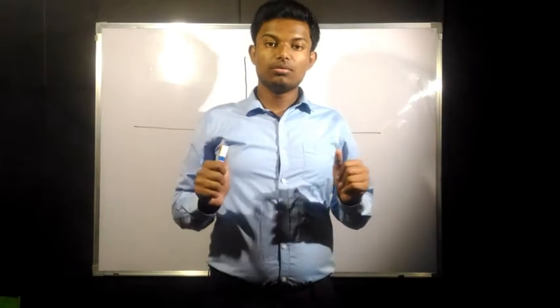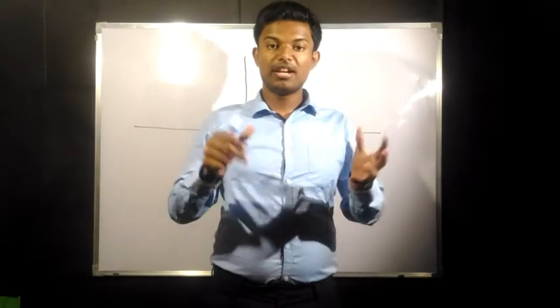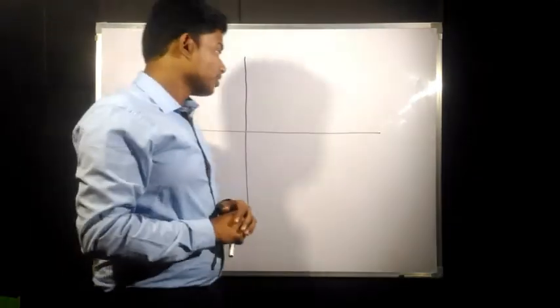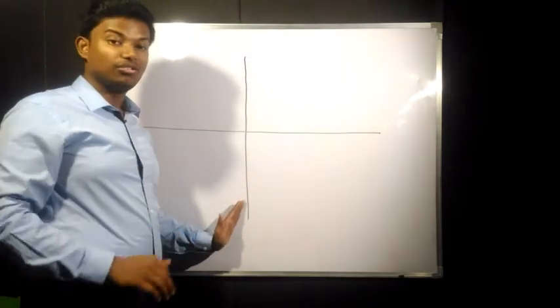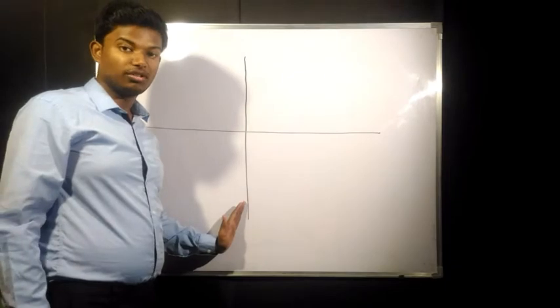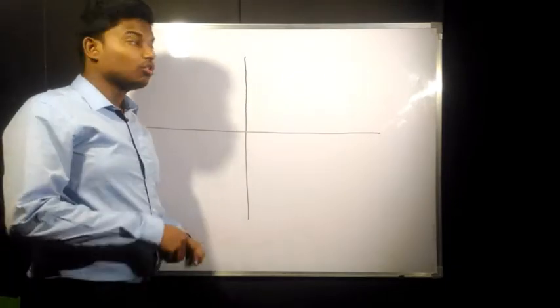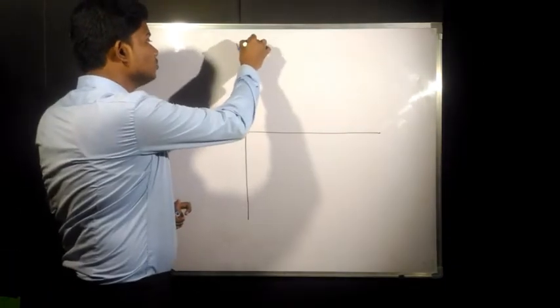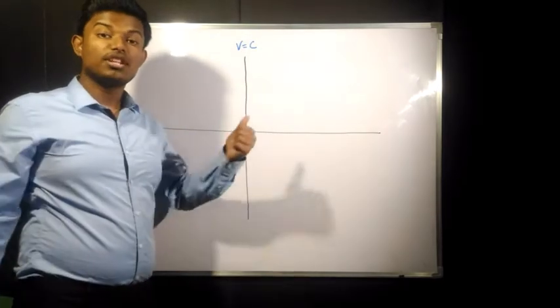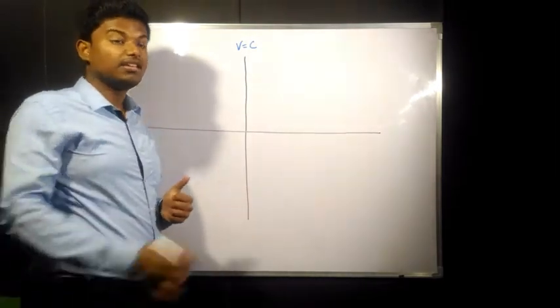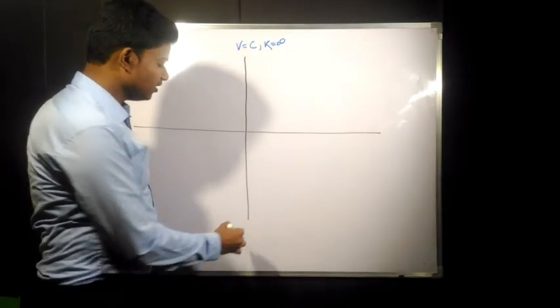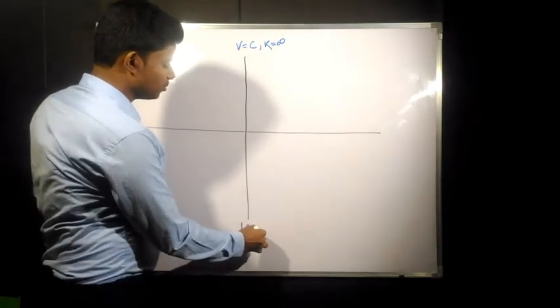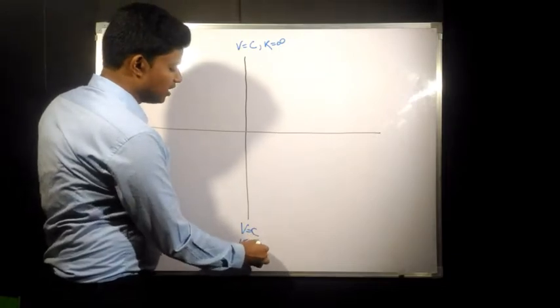Okay, now we are going to plot the different processes in this diagram. So if we plot this diagram, we can always say that this is going to be isochoric, that means constant volume process in PV diagram. So we can say that this is volume equals constant. And for constant volume, what was the value of K? The value of K was infinity. Similarly, in this way also we can write V is equal to constant and K is equal to infinity.